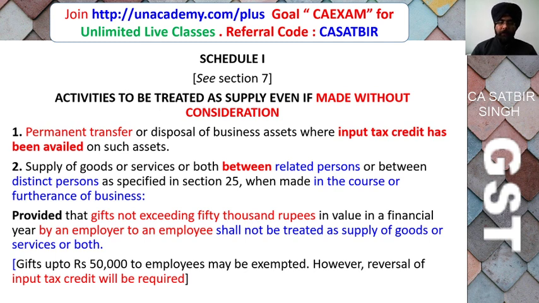However, it has been specified that if the employer gives a gift to the employee in a financial year up to rupees 50,000, then it will not be termed as supply under GST. However, in this case, when the gifts are given, you are not required to pay GST, but you are required to reverse input tax credit, because you cannot take input tax credit on gifts or samples that are distributed.